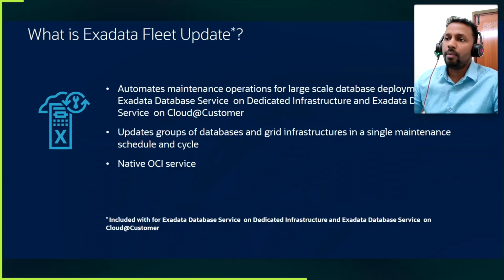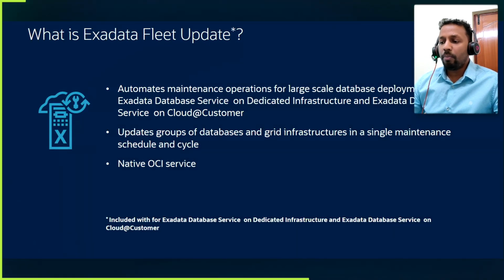Now we have the ability to do out-of-place patching at a fleet level. So we can use it to update or patch multiple databases from different VM clusters and Exadata infra, but everything has to be in the same region. And the good thing is it also provides resume capabilities and also rollback capabilities.